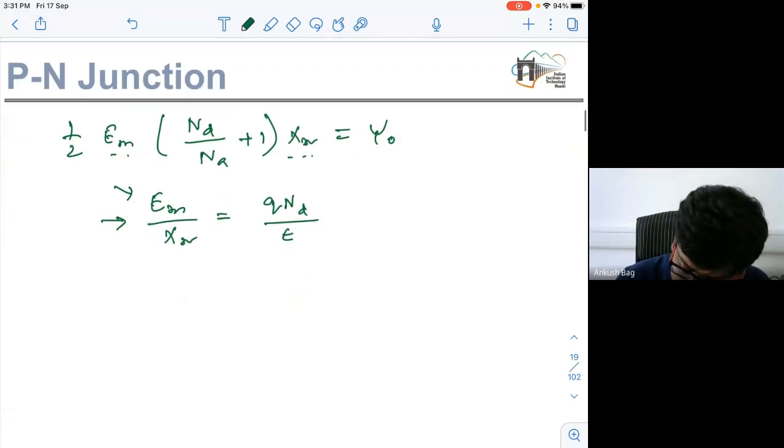So now from here we can take out this xn, and we can put this xn value here. So then what we'll get?